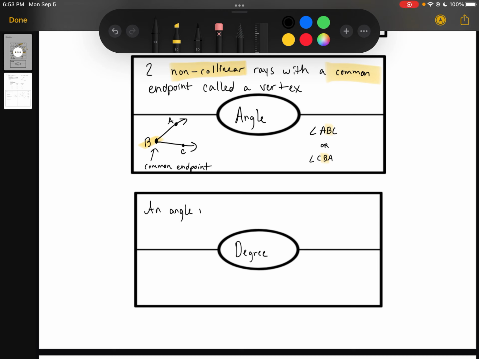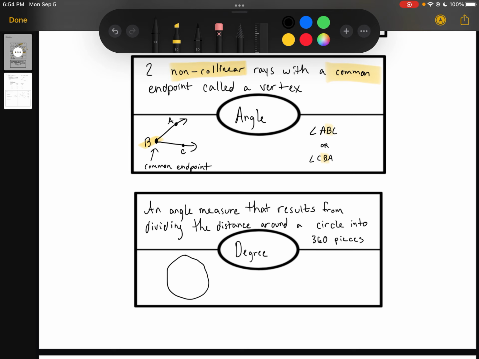So degree is an angle measure that results from dividing the distance around a circle into 360 pieces.